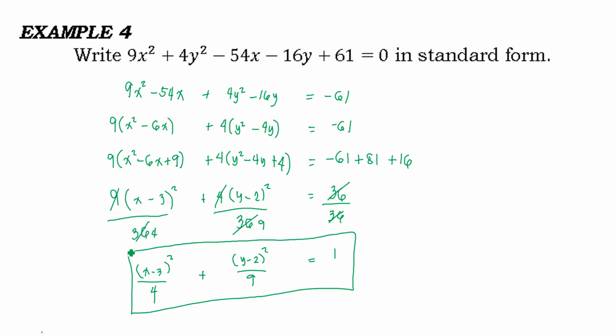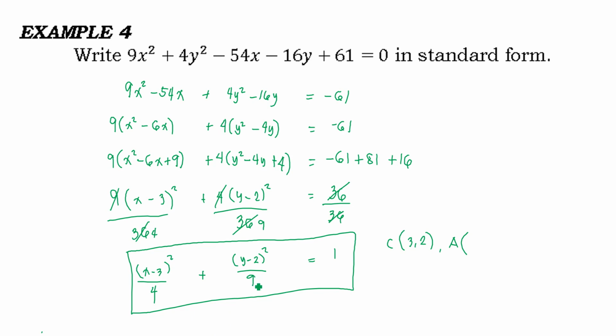So in other words, here, may center siya na 3, 2. Okay. Now, let's determine the vertex. Let's say A. As we can see here, patayo siya because the 9 is the denominator of y squared.